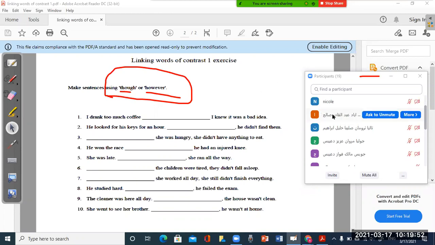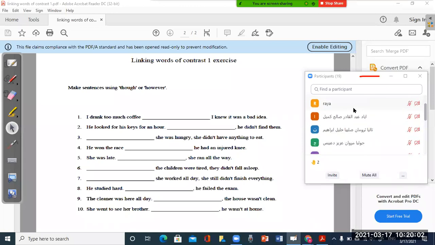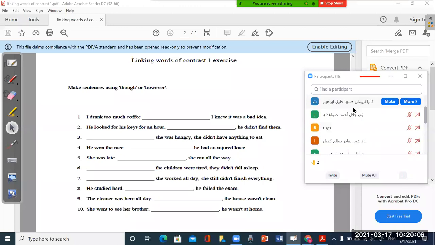Okay. The second one, Iyad. He looked for his keys for an hour, however, he didn't find them. Okay.